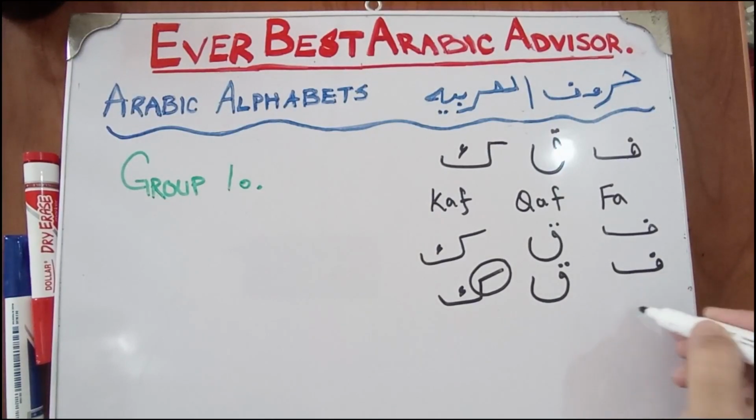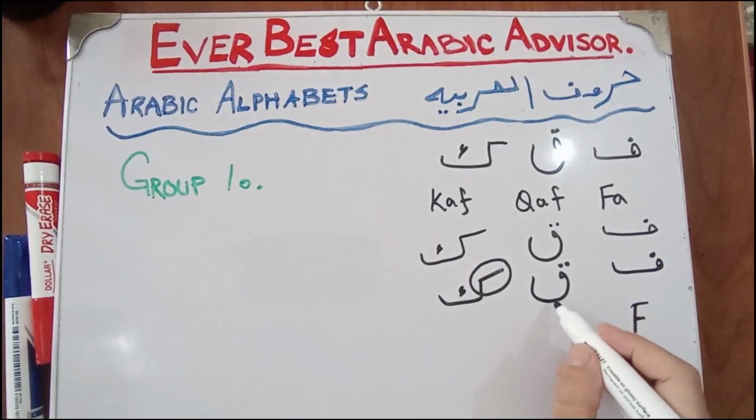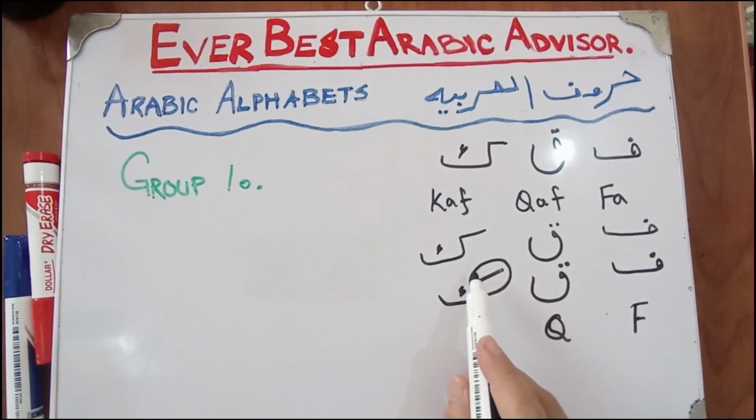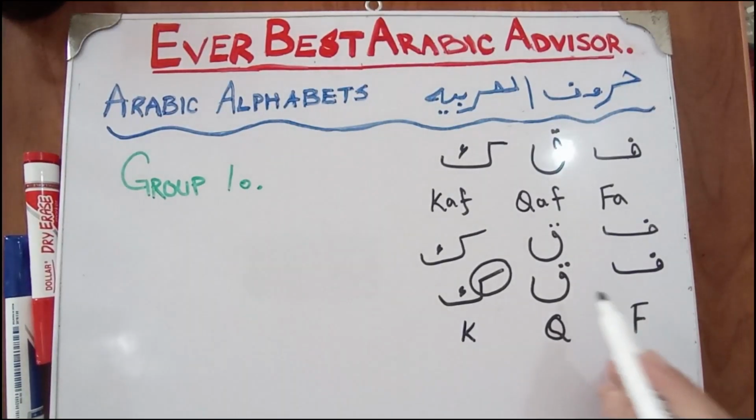So let's move to the next section where we will learn the equivalents. The equivalent of letter fa in English is f, of qaf is q, and the equivalent for letter kaf is k. Fa, qaf, kaf, f, q, k.